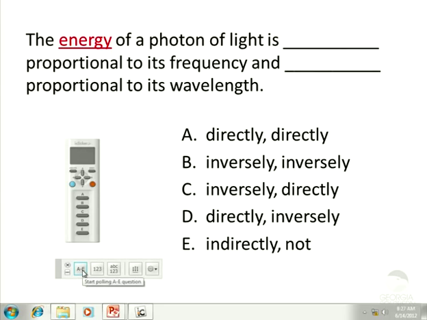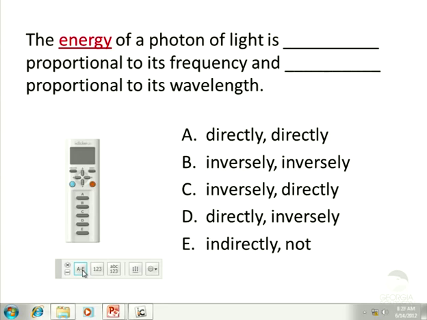All right, so we have two equations. We just saw this equation, and we talked about how the energy of a photon of light is directly proportional to frequency. It's actually frequency multiplied by a constant. But we previously were talking about this other equation.